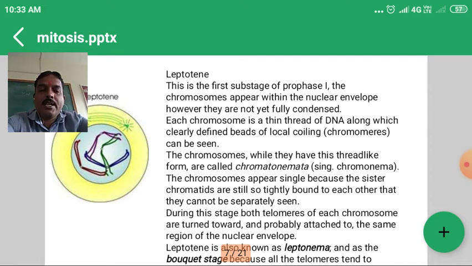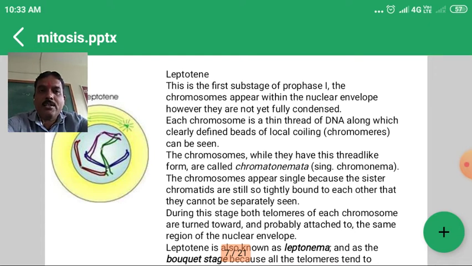So in this case, the changes will be the bead-like structures of the chromosomes that we have to observe. We can observe that the chromosomes appear within the nuclear envelope. However, they are not fully condensed. Each chromosome is a thin thread-like DNA, and the chromomere structures are observed.